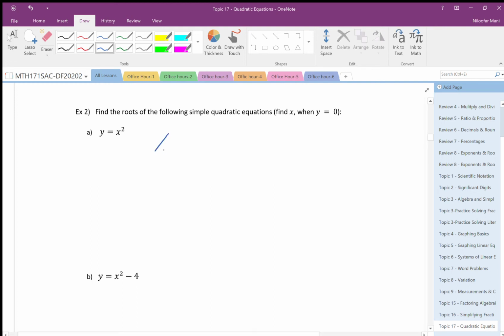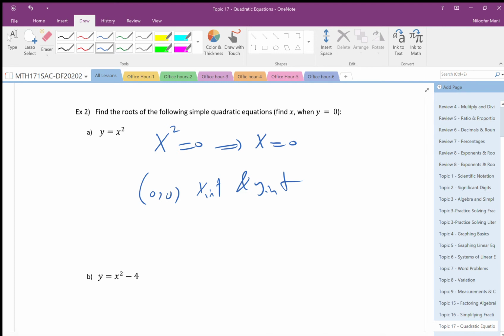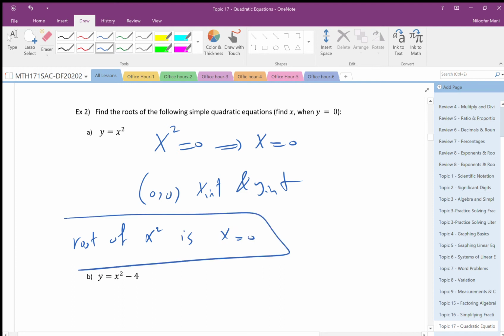So you say, okay, x squared equals 0, so x equals 0. So 0 and 0 is the x-intercept and y-intercept, and it is the root of the function. So the root of x squared is x equals 0.